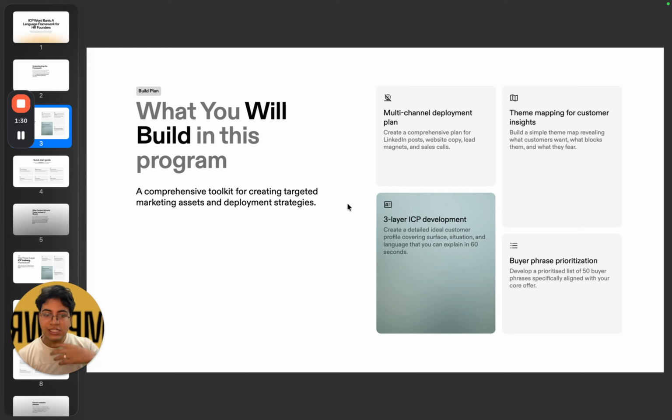Three, a customer journey, or theme map, around what your customers already want, what blocks them from getting it, and what they fear most about it. And the fourth is a deployment plan across your LinkedIn profile, LinkedIn company page, website copy, lead magnets, and your sales posts as well.